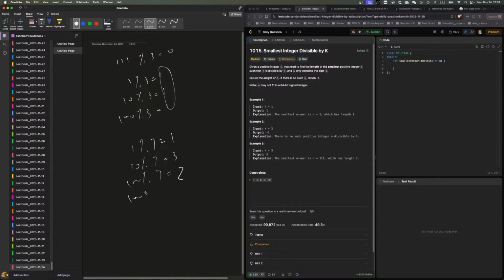Right, 1000 mod 7 is 6. So we just see if it's like 1 plus 3 plus 2 is 6 plus 6 is 12, still no good. So we keep going.